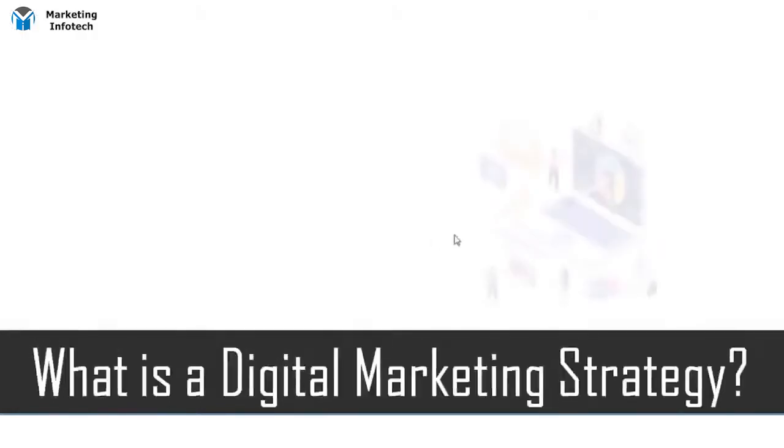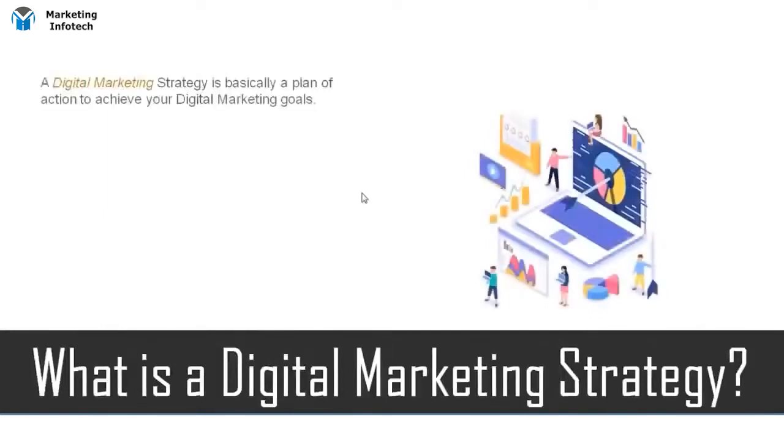So what is the digital marketing strategy? Any strategy is a plan. So similarly, digital marketing strategy is a plan to achieve your digital marketing goals. So when you're doing branding, your goal would be to reach the maximum number of people at probably the lowest cost, right? And reach them at a higher frequency. So that could be in terms of branding. When you're looking at performance, right?